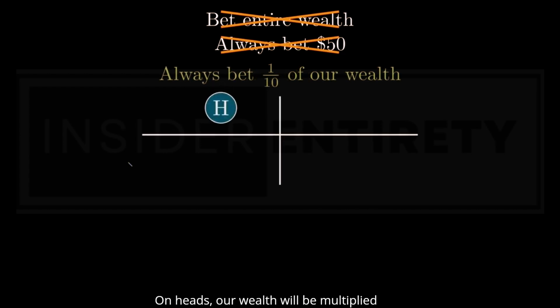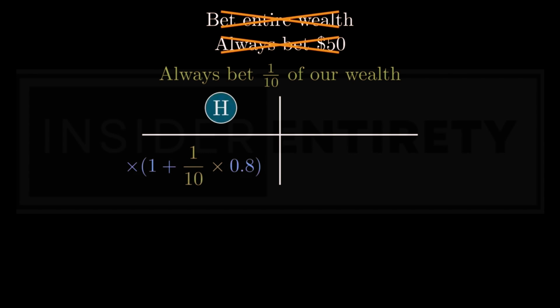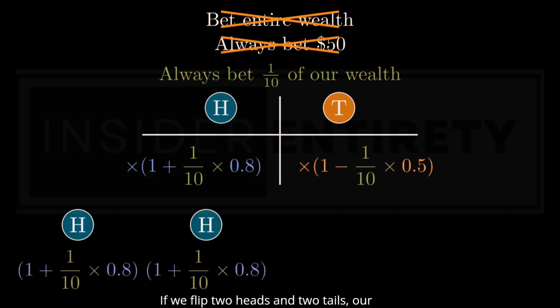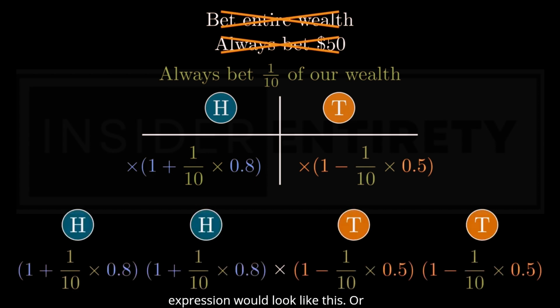On heads, our wealth will be multiplied by 1 plus 0.8 times 1/10. On tails, our wealth is multiplied by 1 minus 0.5 times 1/10. If we flip 2 heads and 2 tails, our expression would look like this.